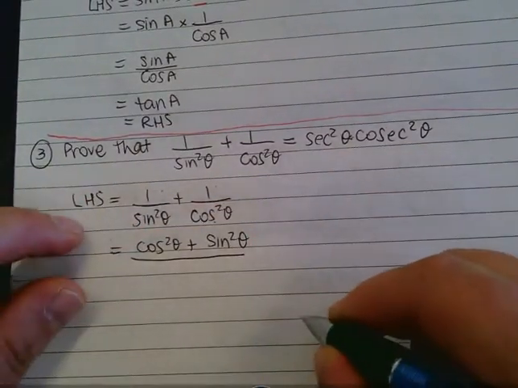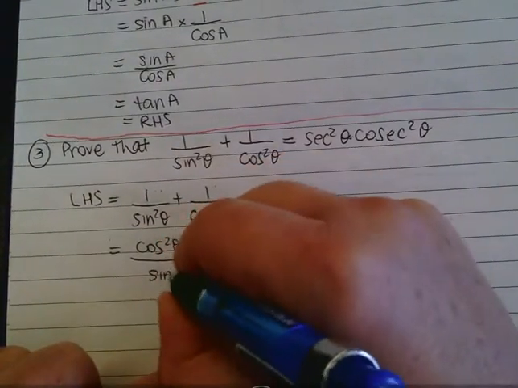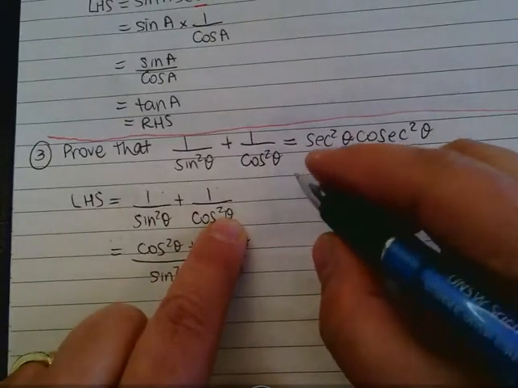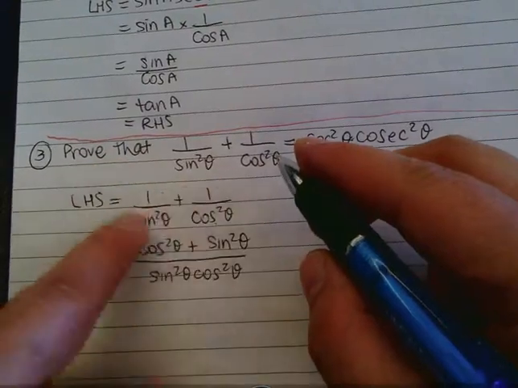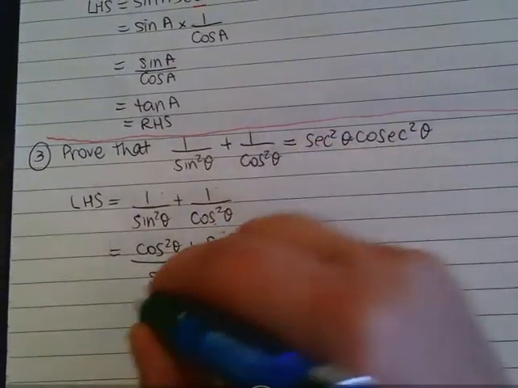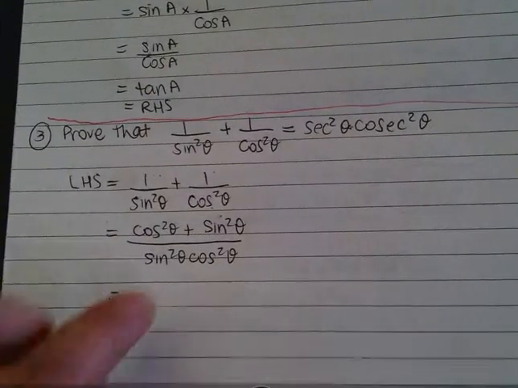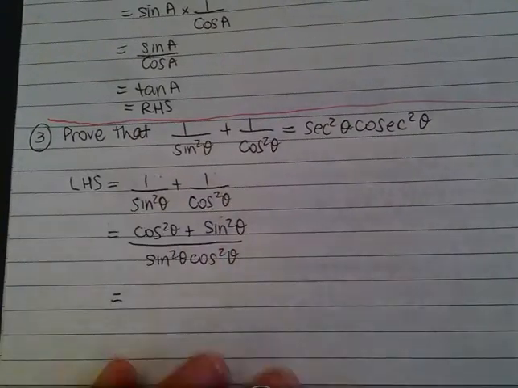And what's my new denominator going to be? Sine squared theta times cos squared theta. These two end up getting multiplied. You okay with that, girls? That times that, that times that, that times that. All right. Do you recognize anything? These are sine squareds, by the way, and cos squared. Girls, so I've gone common denominator.